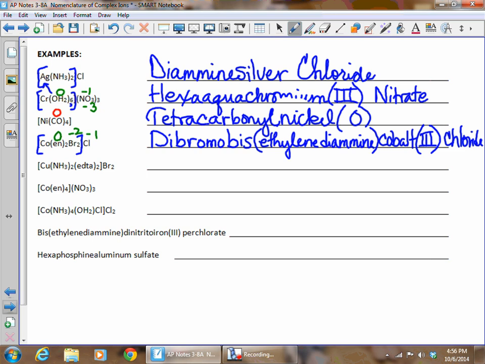Another example, in brackets again, the coordination sphere. So we've got ammonia in there and we've got EDTA. Ammonia becomes ammine. EDTA is ethylenediaminetetraacetate, so it looks like the ammonia will go first. Since it's in the monodentate list, we're going to use diammine.